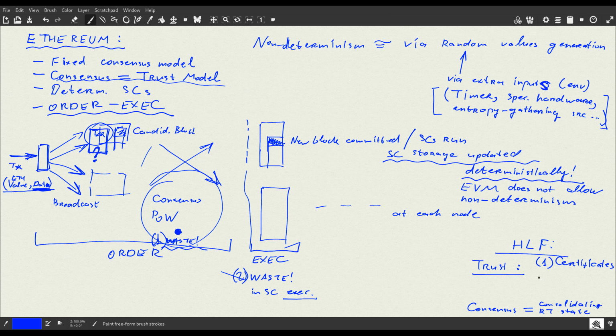And also, I'm not even sure whether consensus should be mentioned as number one means of trust, but let's say yes, but definitely not the first one.